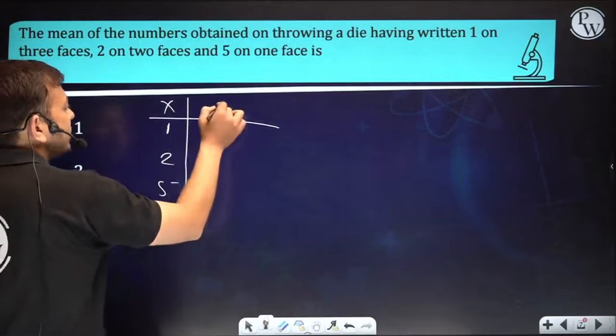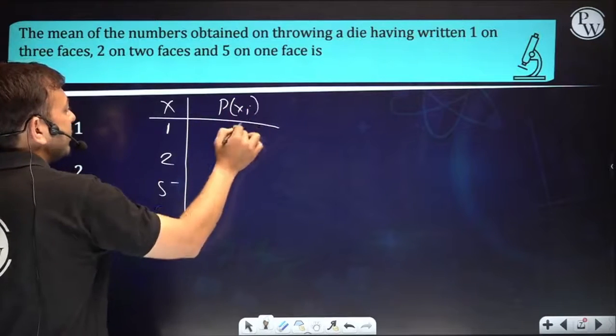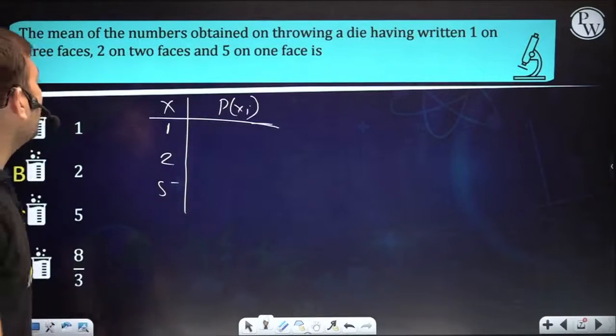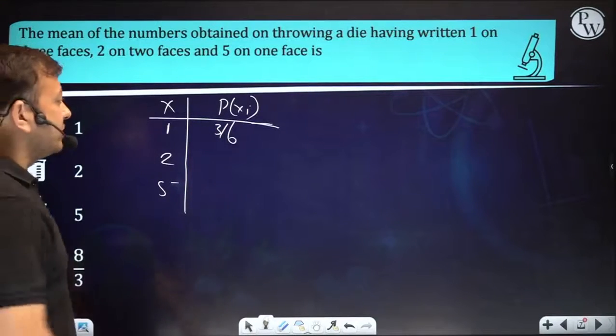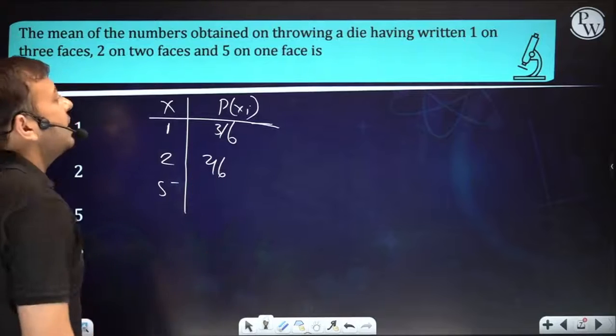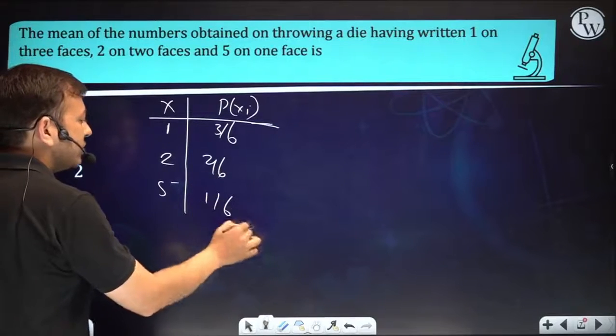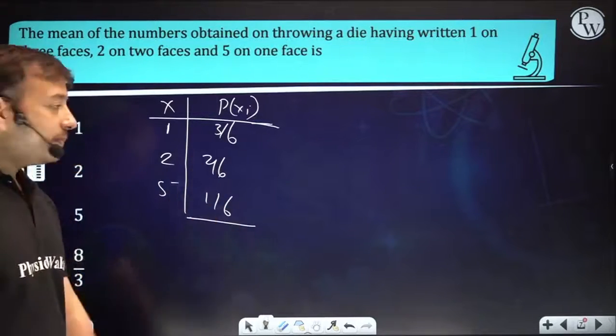So 1 is written on 3 faces, so 3 by 6. 2 on 2 faces, so 2 by 6. And 5 on 1 face, 1 by 6. So sigma p is 1 only.